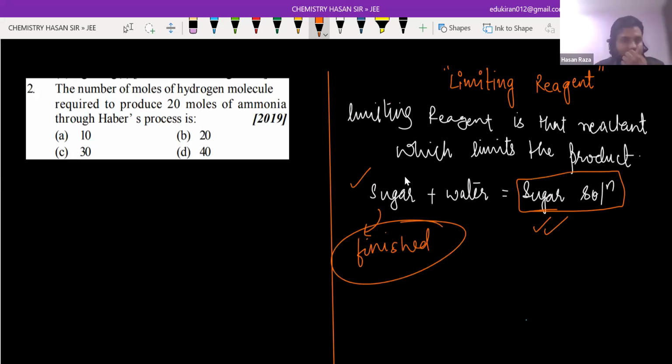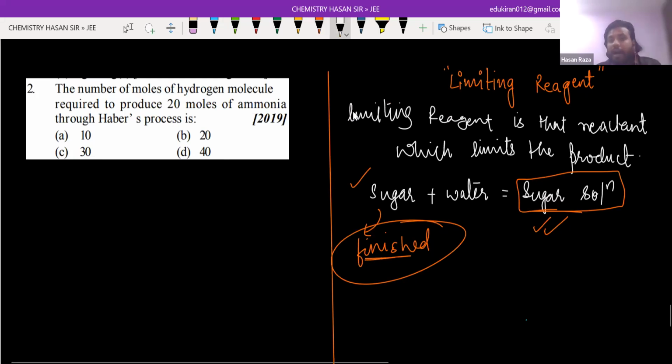Yes or no? Shahid, Madiha, Faiza, and Mohammad Tharif, please do respond. No, sir. You will not be able to make the sugar solution because sugar is finished, and in this case, the limiting reagent is your sugar.